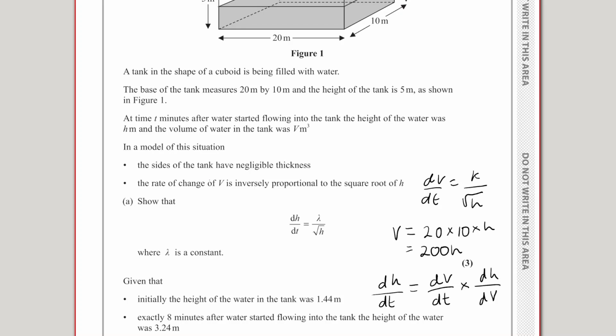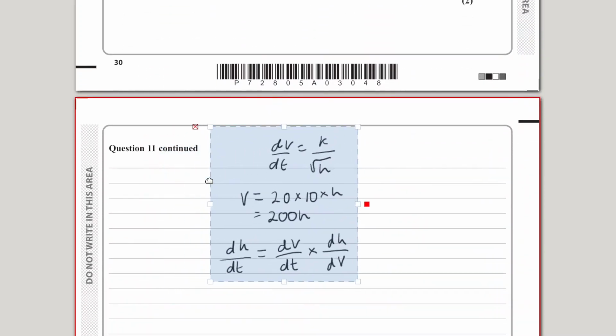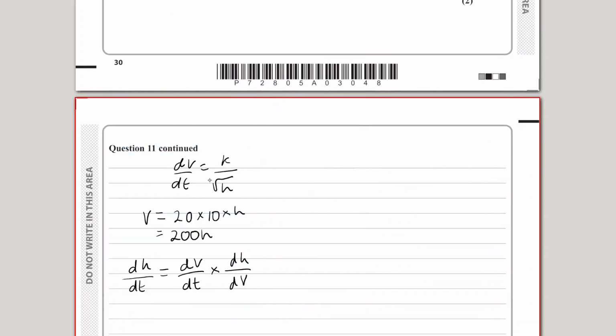So let's work out dv/dh. So v equals 200h, so dv/dh is just 200.